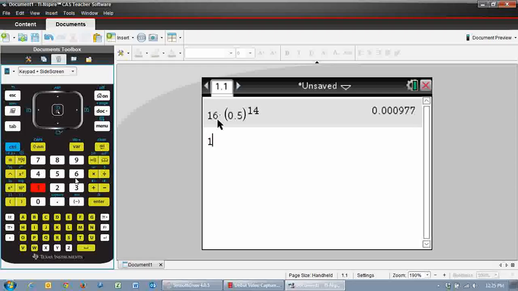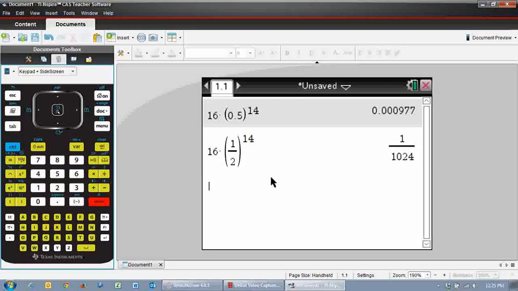Let me do it again, and instead of writing 0.5, I'll put it in the calculator as a half by using a fraction. And let's see what happens. What do you think will happen? Half, to the power of 14.